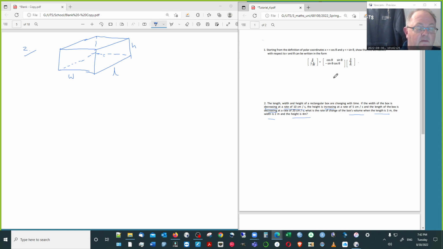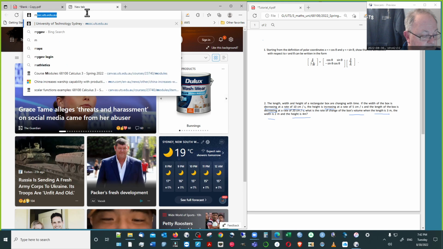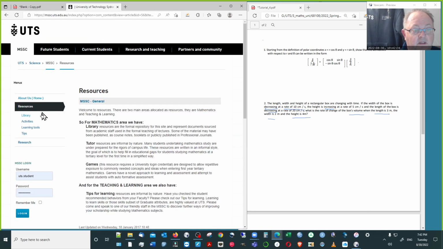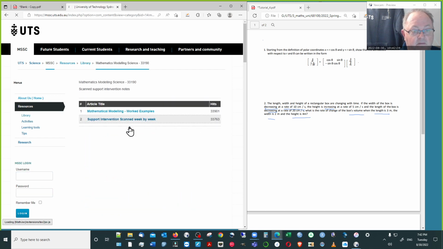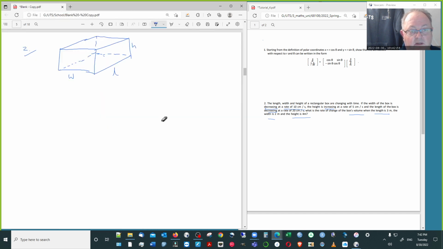So if you want to remind yourself about related rates, I suggest you go on to the Maths Study Centre website again and go to Resources, Library, Modelling for Science, Worked Examples, Related Rates. Implicit is in the 4-unit syllabus. It's hidden away there, but it is there. This is the area of maths that implicit is important for, not just getting the integration tables out.